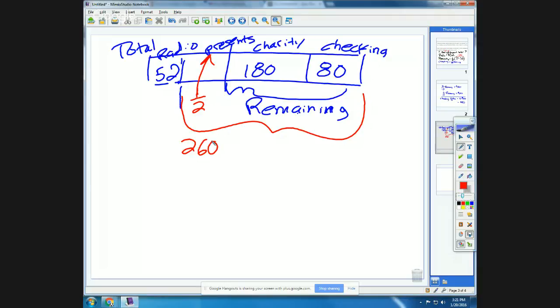So first they said he spent $52. Half of what was left went to presents. Okay. And then of the remaining after presents, so I have a part I'm calling remaining, and this part in red, I'm saying that's what's left after the radio. So they talk about two different remainders here. Remainder after buying the radio, and then the remainder after buying radio and presents.